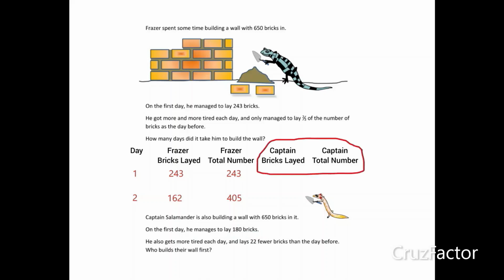Day one, we know he put down 180 bricks, and his total number is going to be 180 bricks. He also gets more tired each day and lays 22 fewer bricks than the day before.